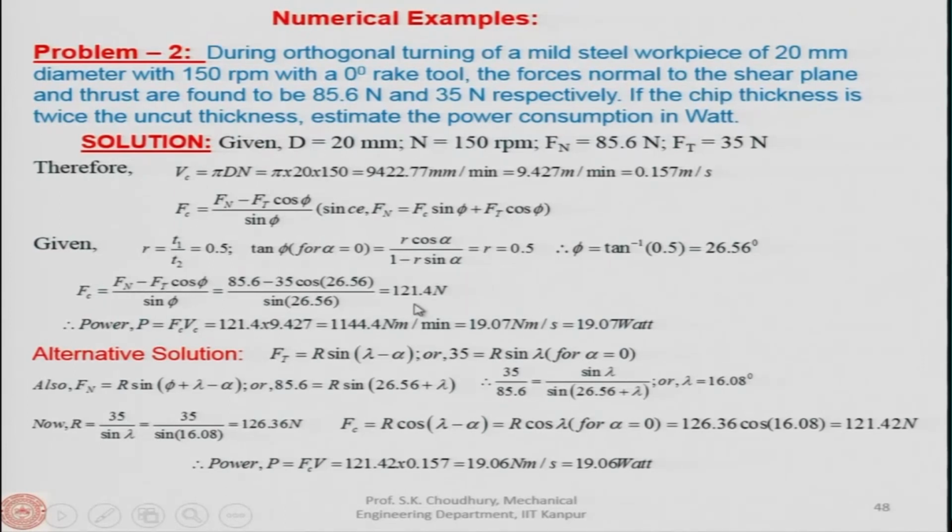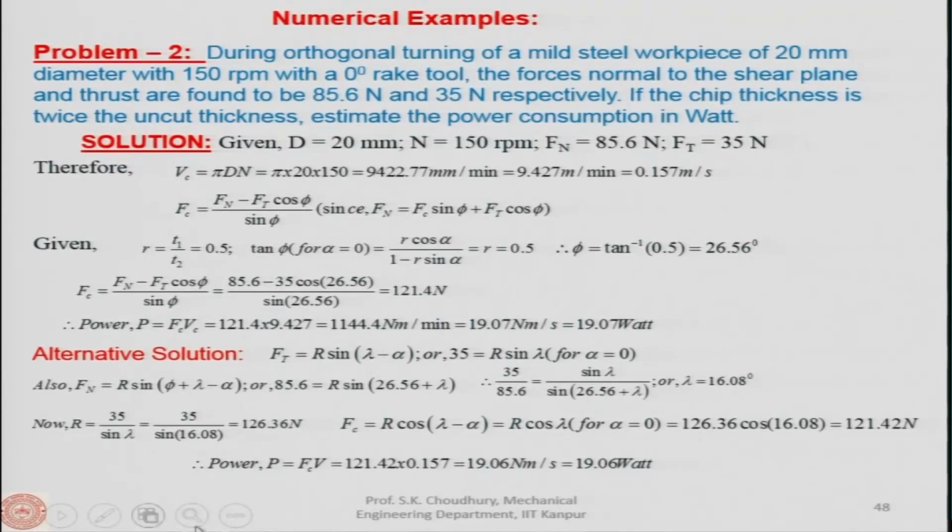And the power is Fc into Vc, which is Fc you found out, Vc you calculated, and you multiply them, you can find out that this is 19.07 Newton meter per second, and Newton meter per second is equivalent to watt. So, this is 19.07 watt.